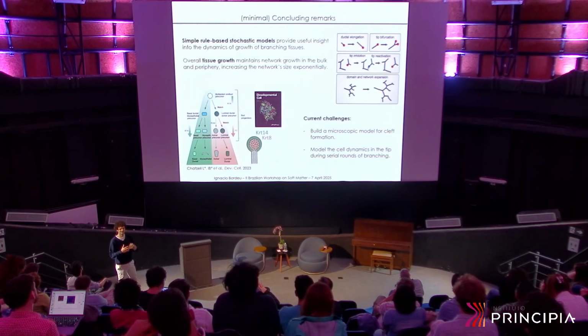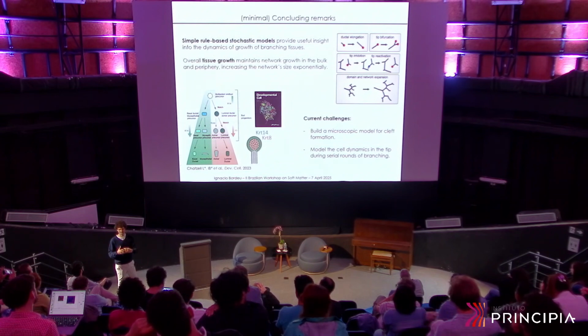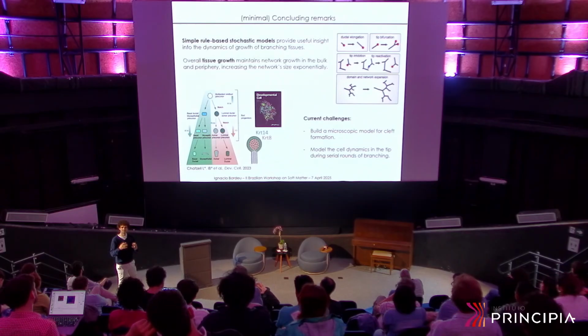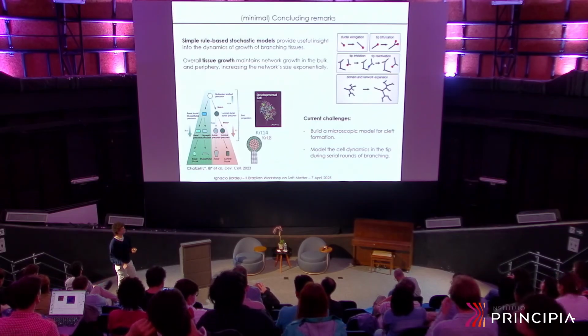So how are cells not exiting the cell cycle in that context, or being altered significantly in a branching event, and how can they continue doing this serially over time? It is as if there was a continuous transition between a more fluidized behavior of cells in the tips and then a more solid-like behavior in the tips, and that repeats over time. We know that from images of the tips. Yeah, so that's something I'm working on at the moment.